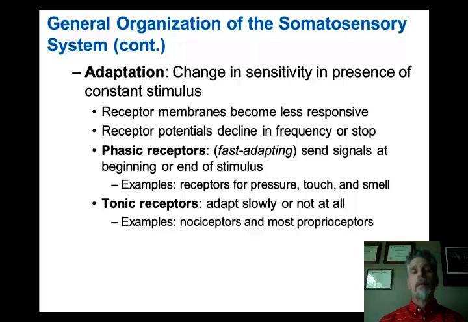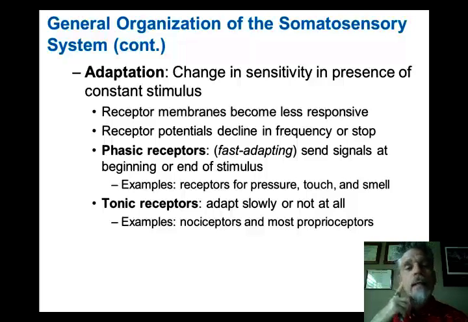Now, remember that we have to give these receptors enough of a stimulus for them to respond and then relay that message to an afferent neuron. But there are ways that our different receptors can adapt. Now, this is physiological adaptation, right? Not evolutionary adaptation like you would talk about in terms of our Bio 100 class or something like that.